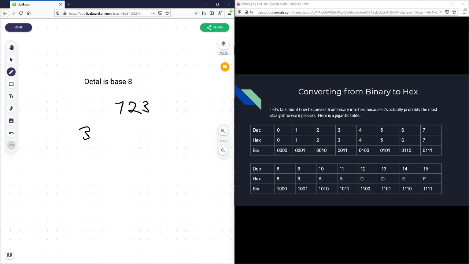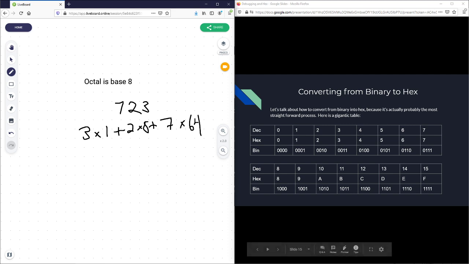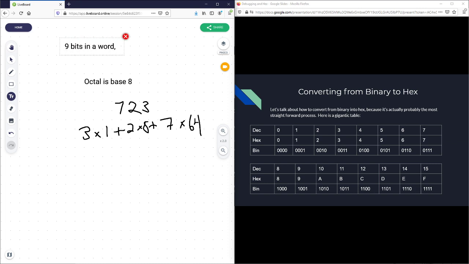This would be 3 times 1 plus 2 times 8 plus 7 times 64. There were some old systems that used 9 bits in a word, so they would group them into 3 octal digits. But the point is that nowadays, it's very rare that you'll see this.